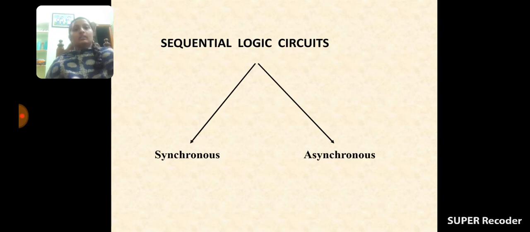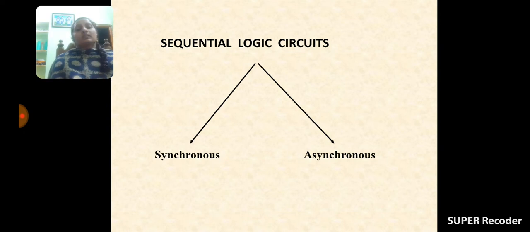While coming to the classification, sequential logic circuits are classified into two types. How many types are there? Basically, sequential logic circuits are classified into two types: synchronous sequential logic circuits and asynchronous sequential logic circuits.